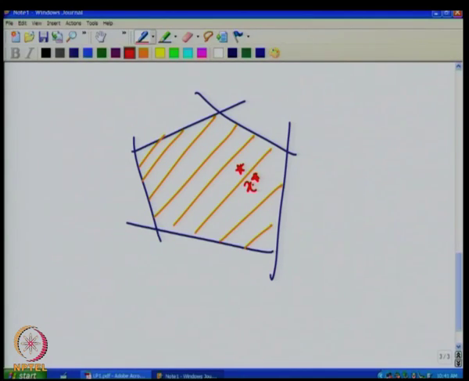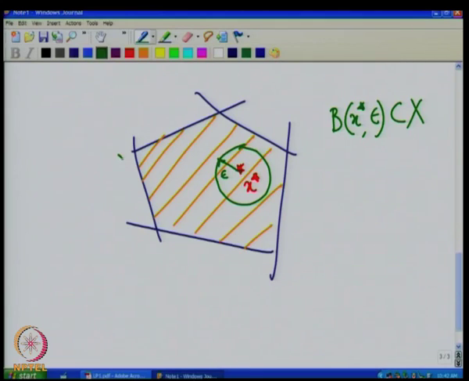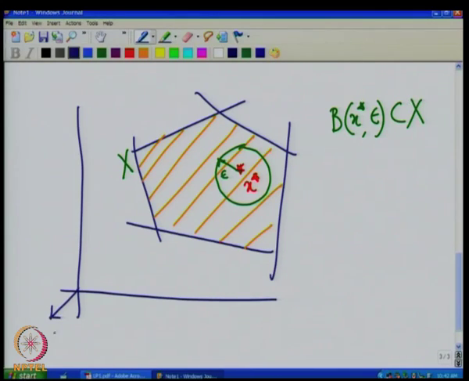Now, if X star is in the interior of the set and X star is an optimal solution to the linear program, since the point lies in the interior, we know that there exists a ball of radius epsilon around X star that is contained in X. So, there exists some epsilon greater than 0, such that a ball of radius epsilon around X star is contained in the set X. So, let us assume that the vector C is pointing in this direction.